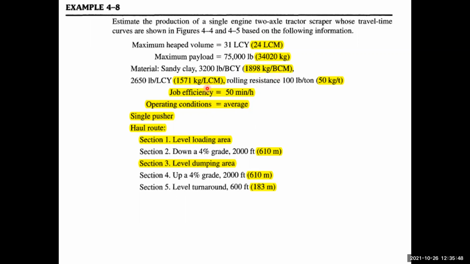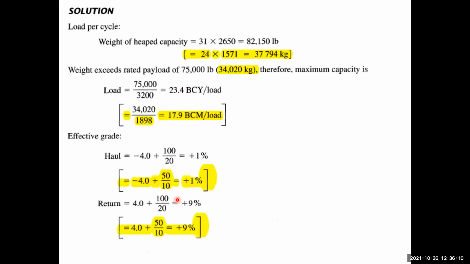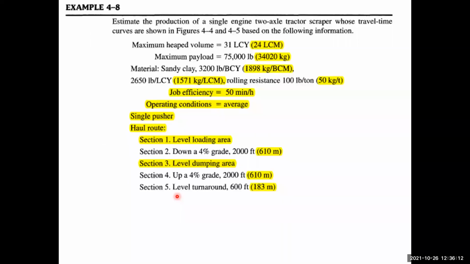Then the rolling resistance is this, job efficiency is this, and operating conditions are average. For the single pusher, the haul route is this: section 1, section 2, section 3, section 4, section 5. Then we have to find the solution. A lot of data has been given, and based on this we have to calculate the production of this machine.